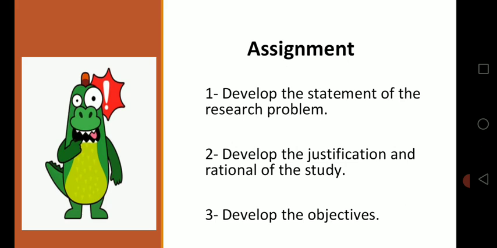Okay you should develop your own statement of the research problem for your study. تمام then you should develop the justification and rationale of the study اللي هو the heading following the statement of the research problem وشوفنا برضو بيعملوه كيف.